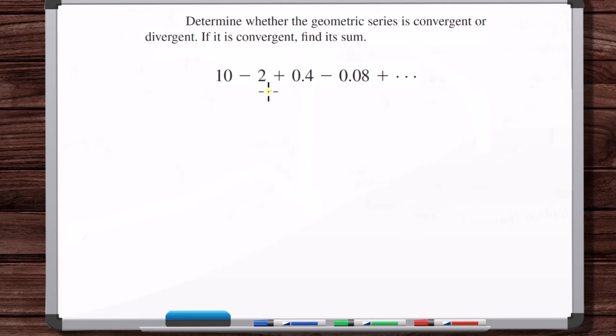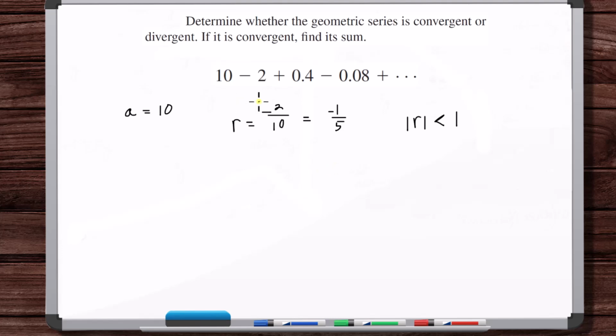Okay, same type of problem. They tell us this is a geometric sequence. So the first term, we'll just say A is 10, and then the common ratio is going to be minus 2 over 10, which is minus 1/5. Now the absolute value of r here is less than 1. So that means this is going to converge.